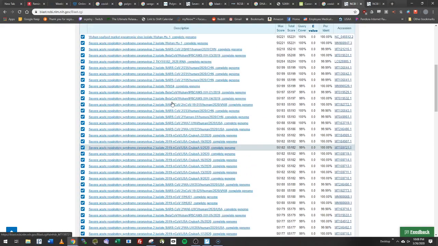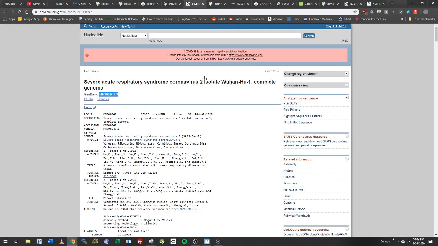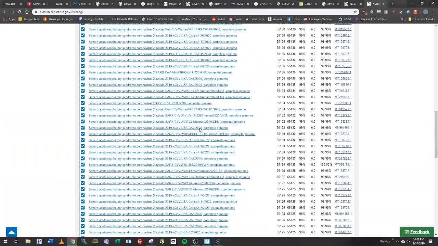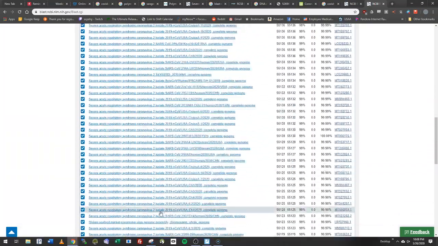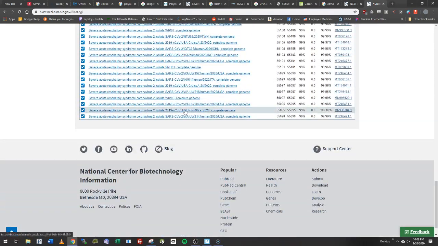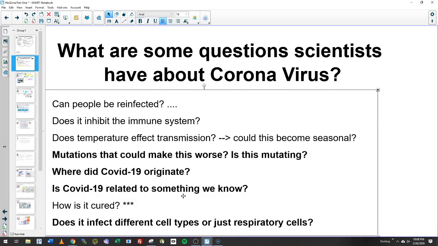I need to locate it, because the one that I initially searched, when this whole entire database came up and I started looking at it, was really interesting because one of the last entries down here said 90% related to a coronavirus found in bats. So I think that this goes to answer this question.